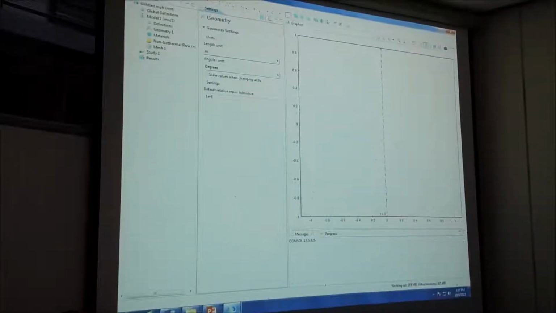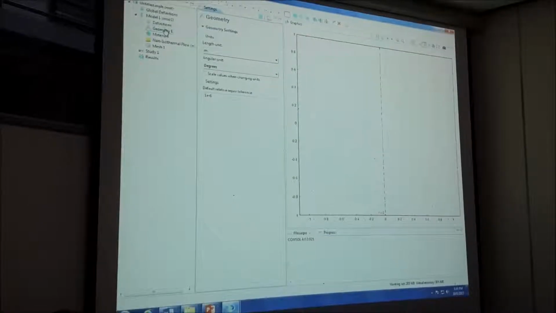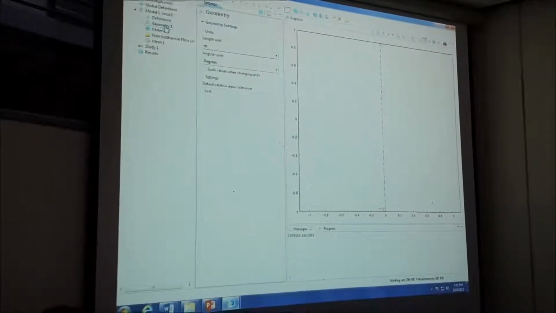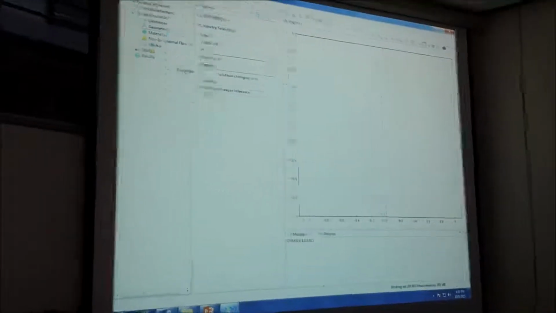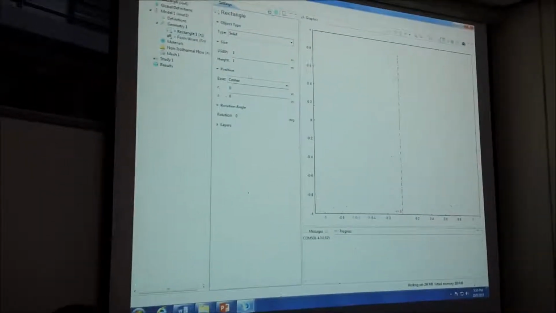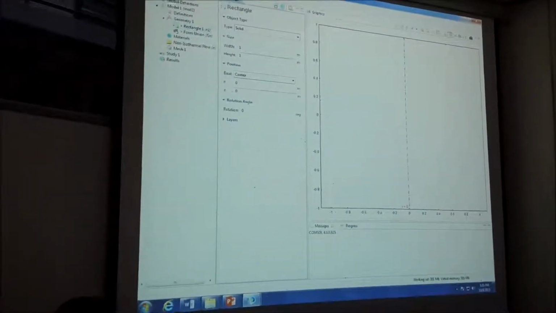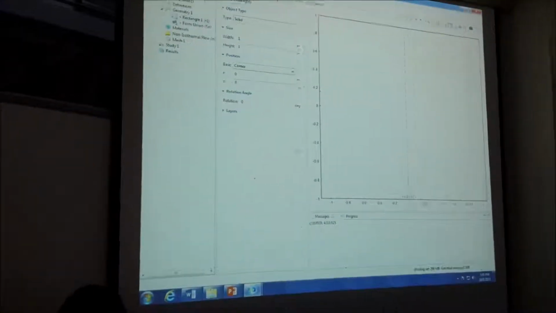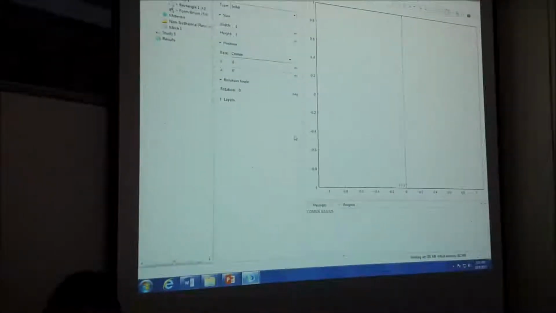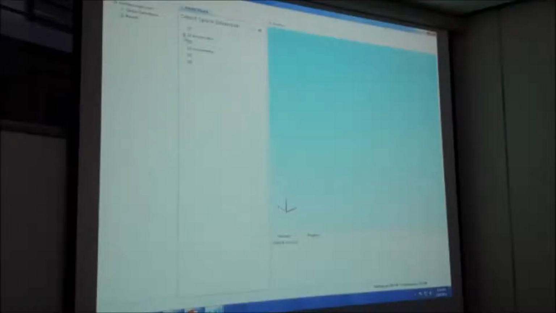Click Model 1, Geometry, right click geometry and insert a rectangle. Insert the units that are desired, which are 2, 0.2 and 1. Also click 4 circles that will be needed, with the units according to the group.